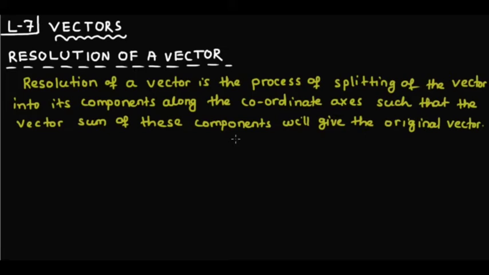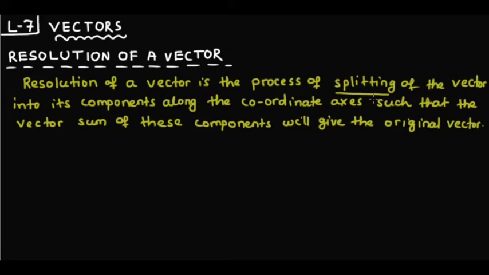So remember that resolution of a vector is basically the process of splitting of the vector into its components along coordinate axis, along x-axis, along y-axis and along z-axis, such that when we take the vector sum of these components, then we will get the original vector.